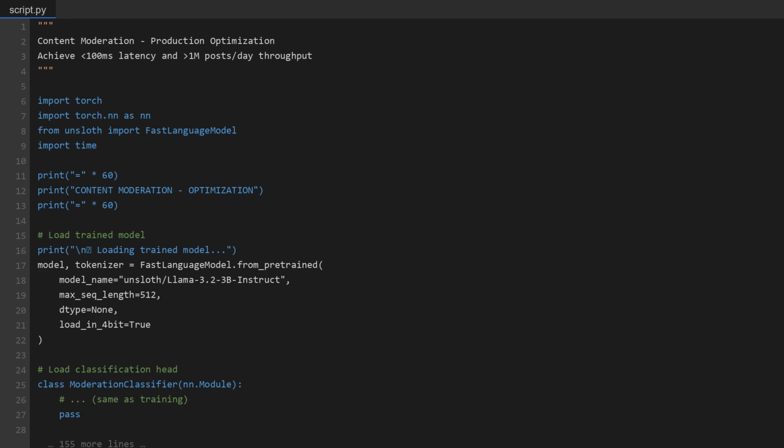The benchmark output tells you exactly where you stand: single request latency, batch throughput and posts per day, GPU memory consumption, and accuracy on a validation sample. You're looking for sub 100 millisecond latency and over 1 million posts per day. If either number is off, the benchmark output points you directly at which bottleneck to address.